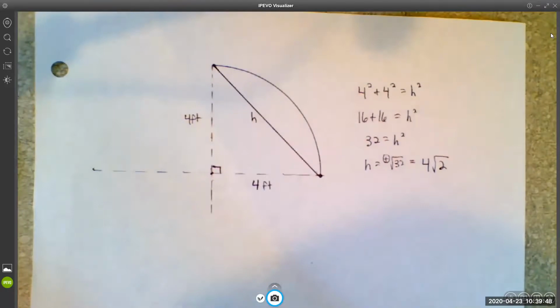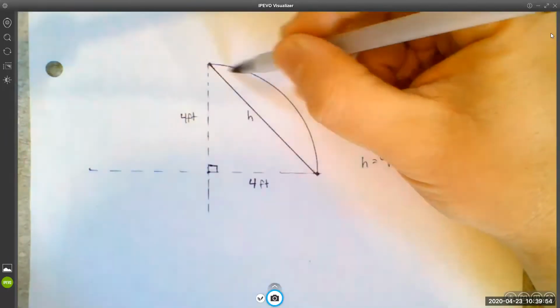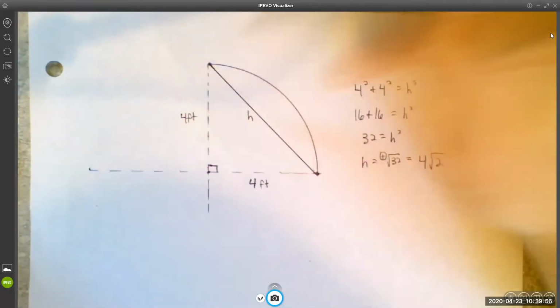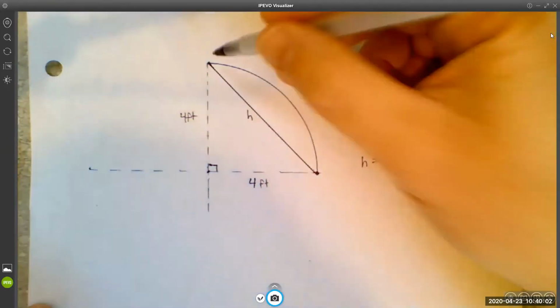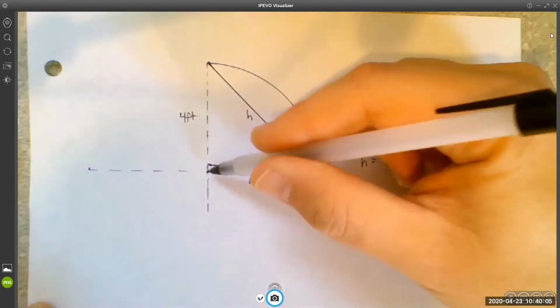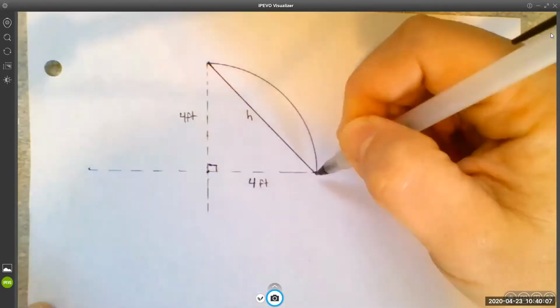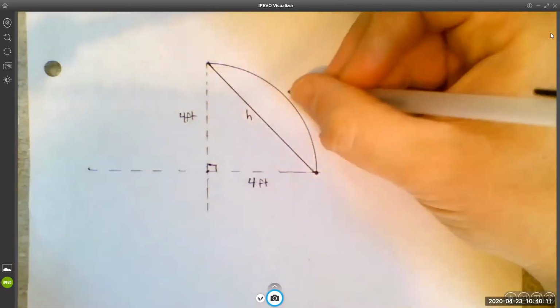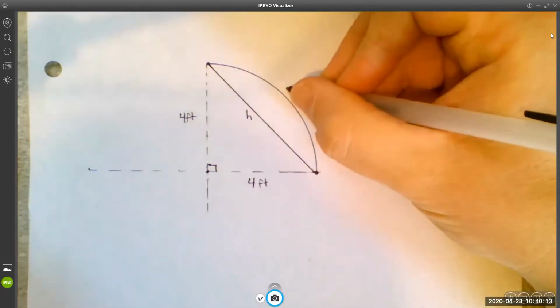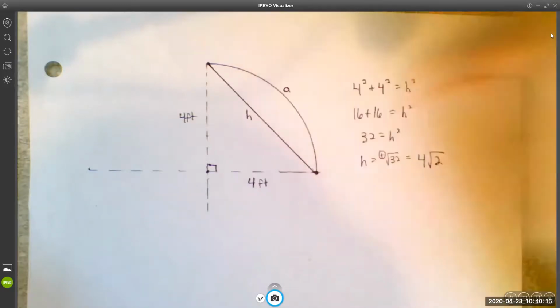That's that one. Now I need to find this sort of quarter circumference. That's nothing new. We just did a problem like that, so that's not terribly difficult. We know that the radius of the circle is 4, and we want the quarter circle. So what should I call this thing? Maybe A, I guess, for arc length.